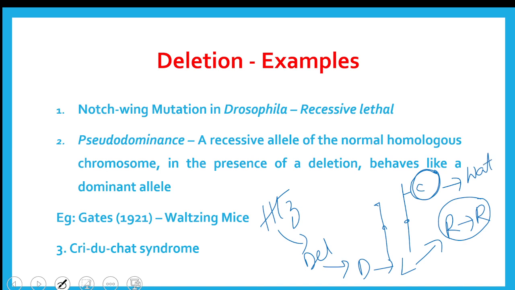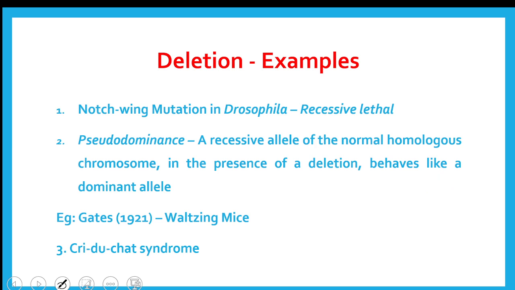Such a phenomenon, where in a heterozygote the dominant gene is absent, hence the recessive gene is expressed, is called pseudodominance. It's a false dominance.